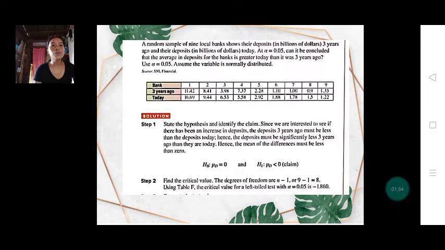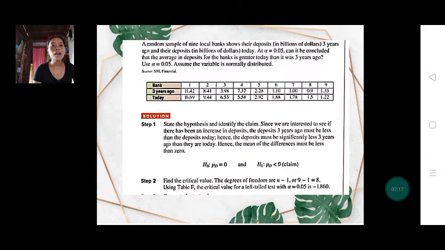So since we are interested to see if there has been an increase in deposits, the deposits 3 years ago must be less than the deposits today. Hence, the deposits must be significantly less 3 years ago than they are today. Hence, the mean of the difference must be less than 0.